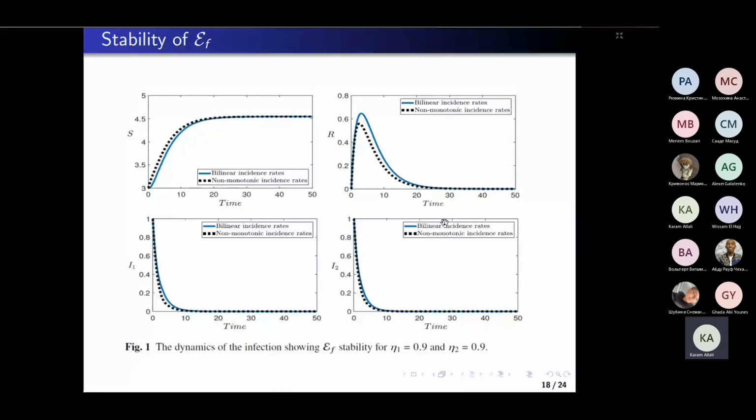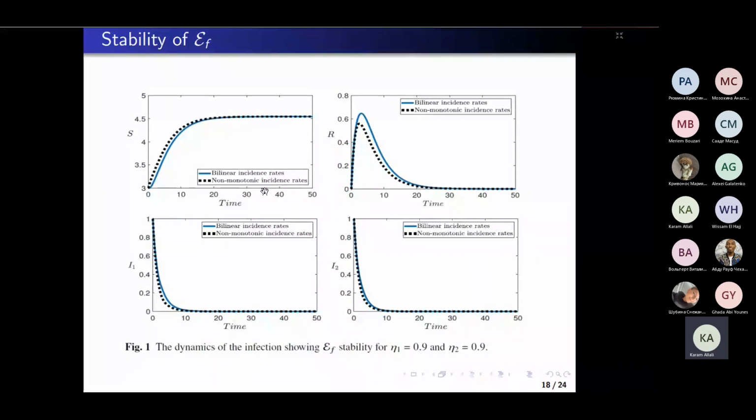If it's 90% efficient, so the curves go. The blue curve is the numerical simulation with bilinear incidence rates, and the dashed curve is the non-monotonic incidence rates.